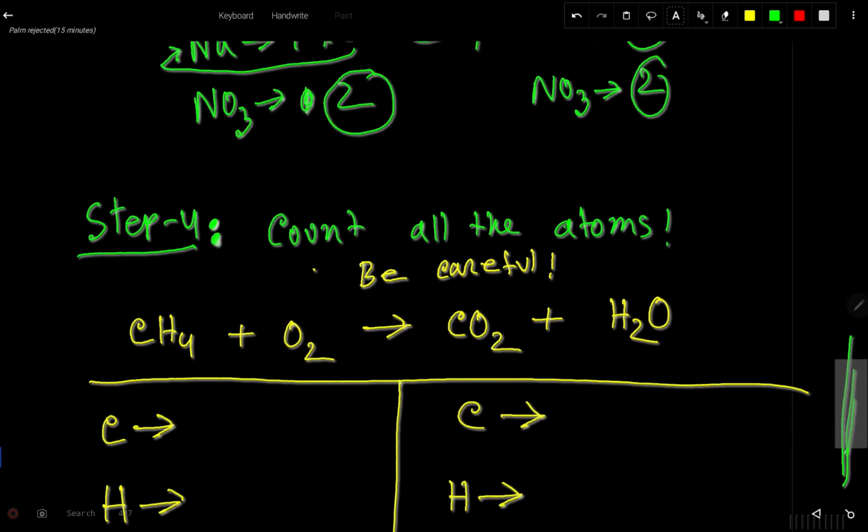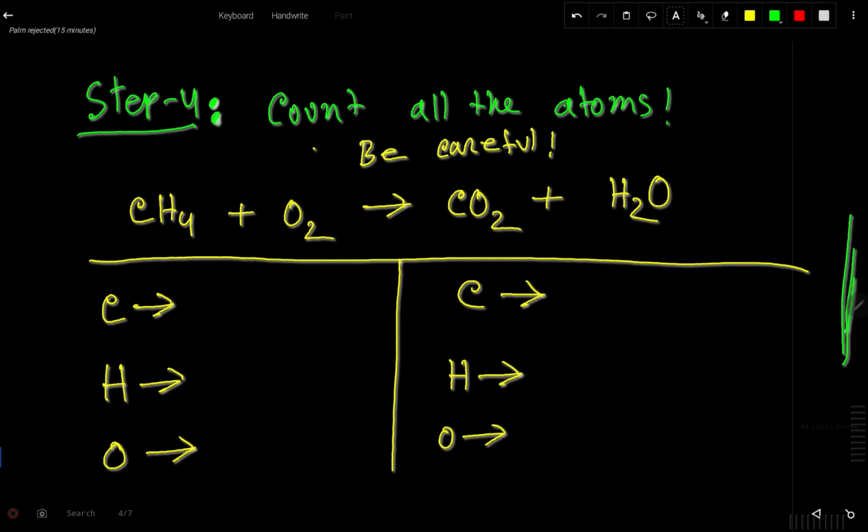So look here, sometimes you need to count all the atoms, and you have to be careful. Here carbon is 1, hydrogen is 4, oxygen is 2; here carbon is 1, oxygen is 2, hydrogen is 2, but here we have another oxygen, so you have to add 1, that is 3.